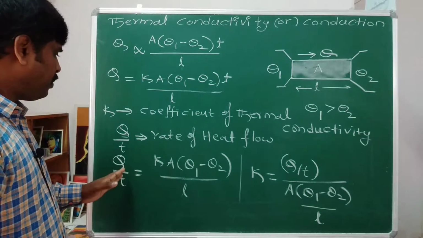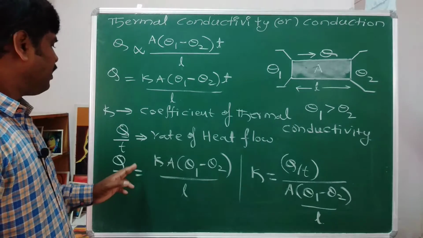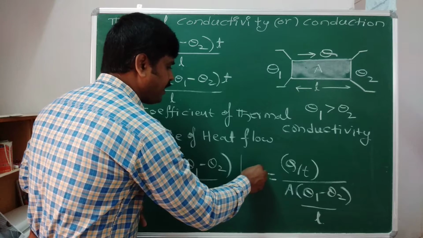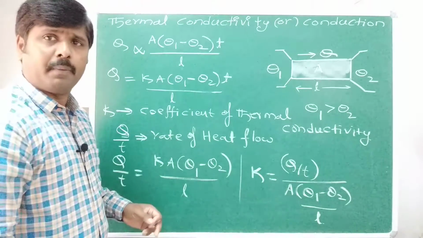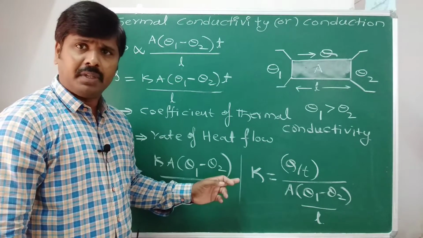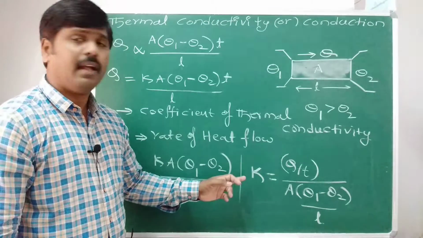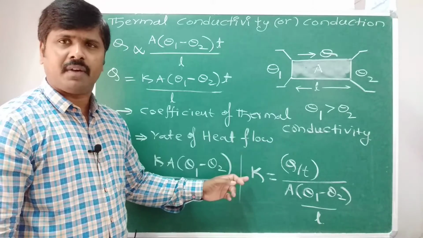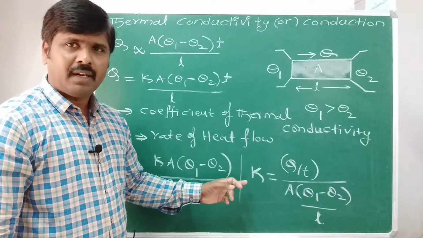So we got two different equations: first one is rate of heat flow and second one is coefficient of thermal conductivity. First take down these notes, then we can discuss the temperature gradient and units and dimensions of the coefficient of thermal conductivity.